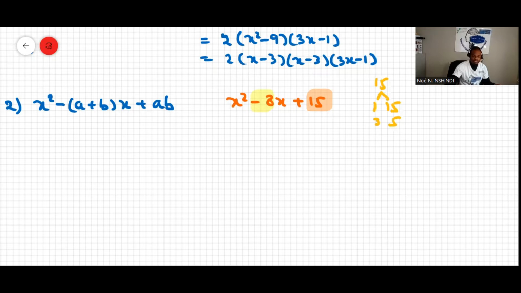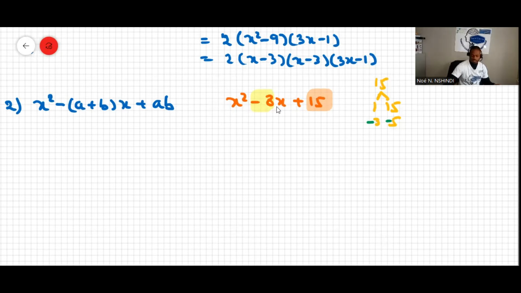So -8 is going to be -3 and -5, because -3 minus 5 makes -8, and -3 times -5 makes +15. Let me say again: -3 and -5 make the coefficient of the middle term, and -3 times -5 makes the constant term.